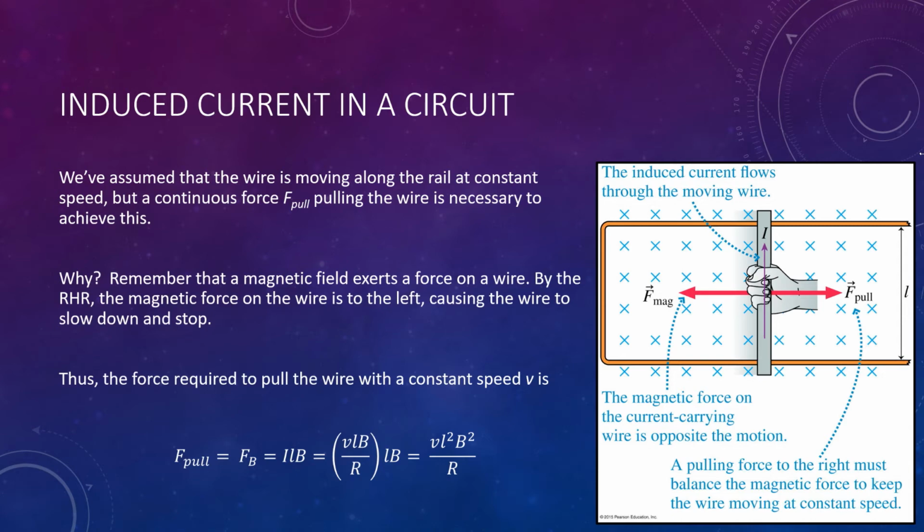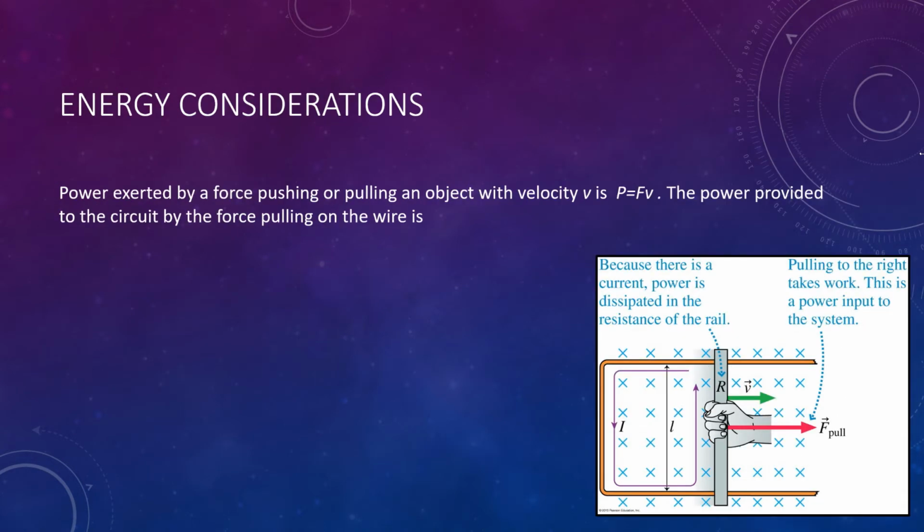Now, we can also look at this in terms of energy. If we're talking about pulling this wire to the right, well, realize that means you're doing work on the system. And if you're doing work on the system, that means power is being input into this system. And so we can come up with an expression for the power generated by such a device simply by using an expression that comes from Physics 1. Power is equal to the force times the velocity.